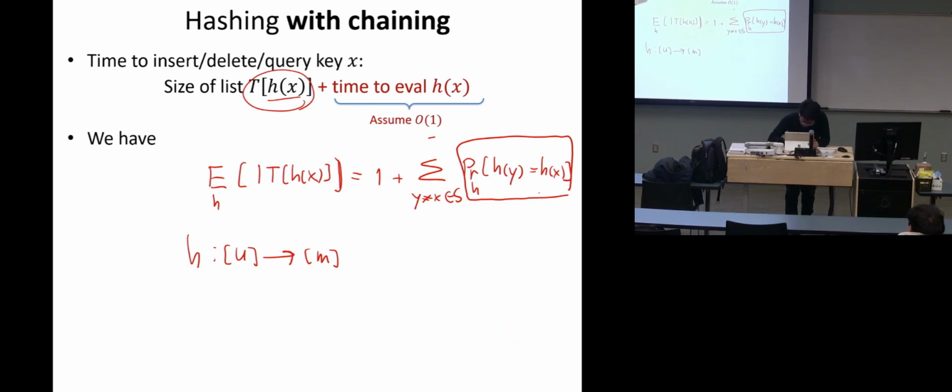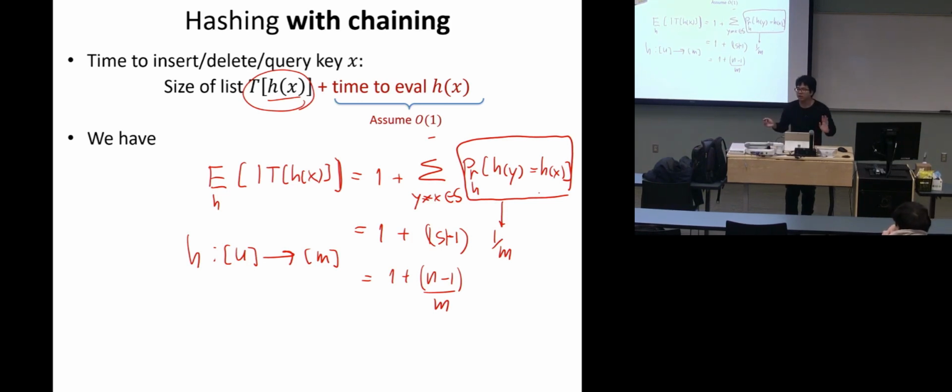So what is this? This is 1 plus this sum, and this thing is 1 over m, and you sum over s minus 1, right? So this is just 1 plus s over m, where s is just n, and m is n. We set m to be n, so this is just O of 1.